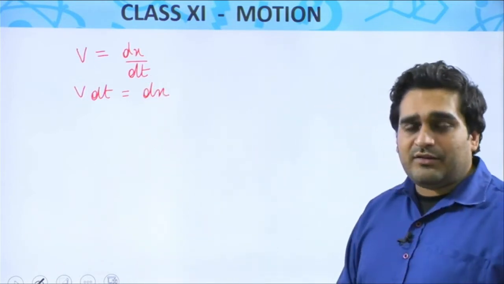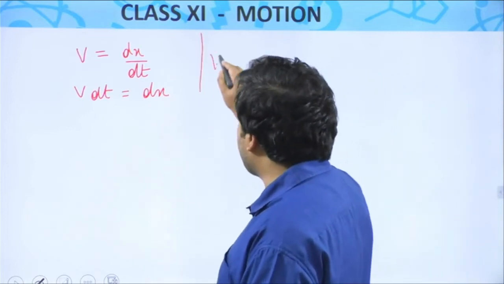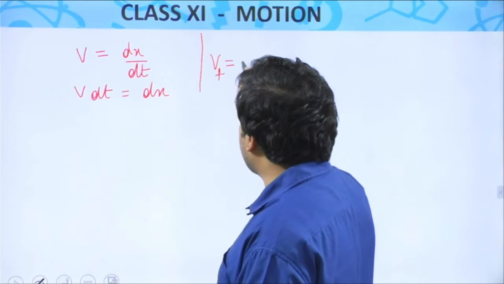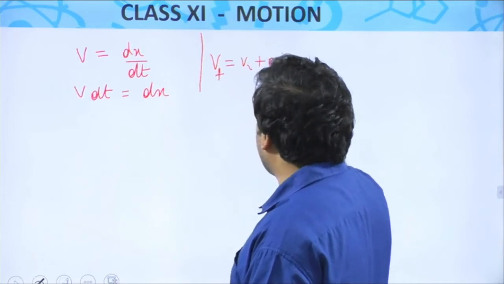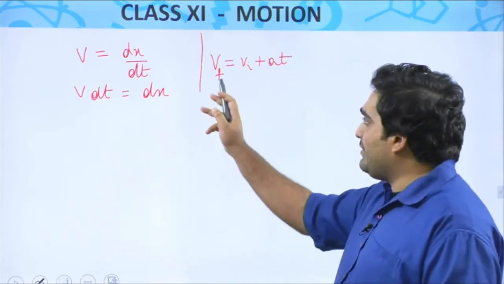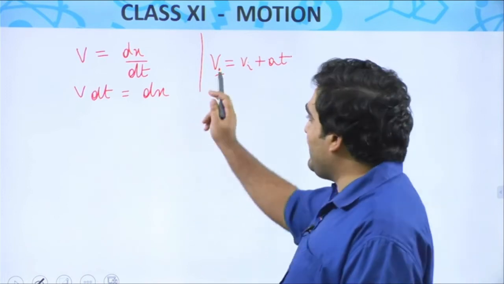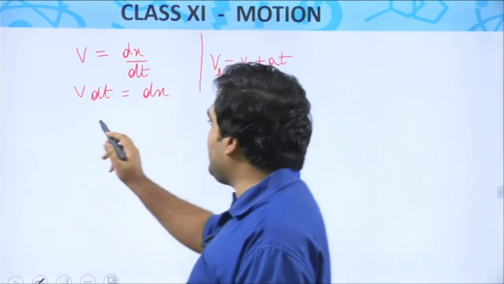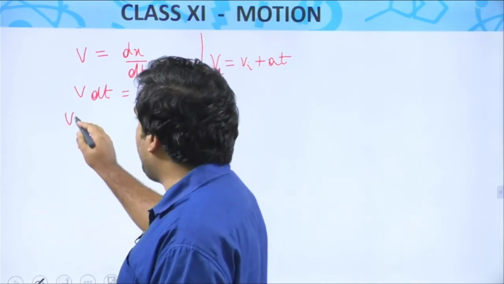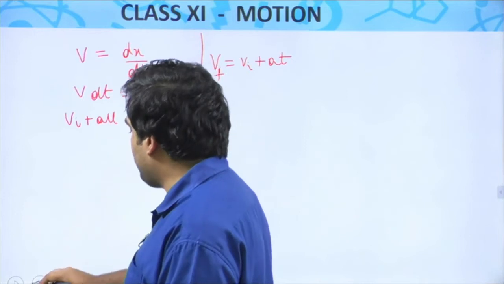Do you recollect the first equation of motion where we mentioned vf equals vi plus at, correct? Now this vf is nothing but v. So in place of this v, I will substitute vi plus at.